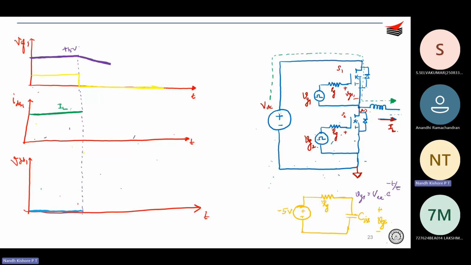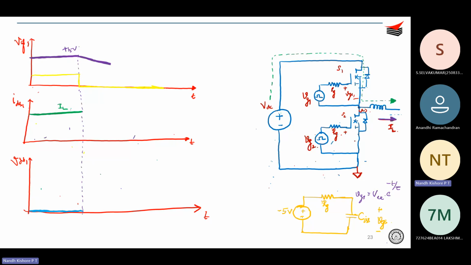Now you want to turn off S1, which means S2 has to carry all the current.